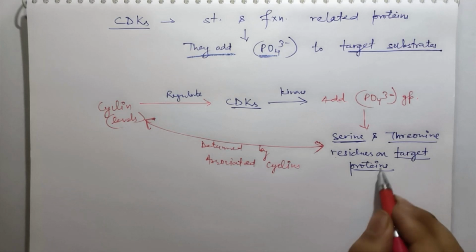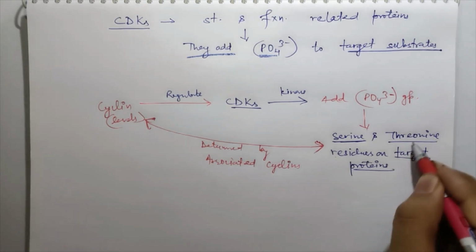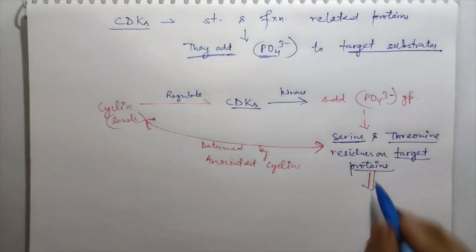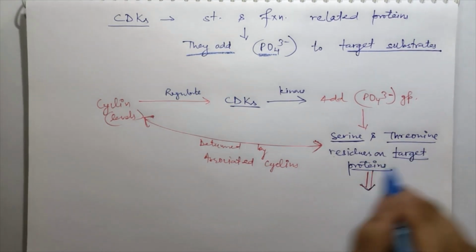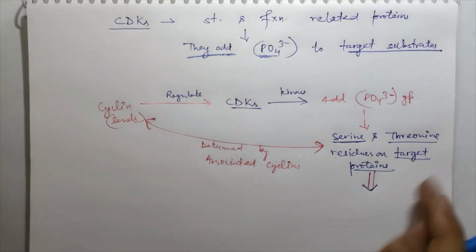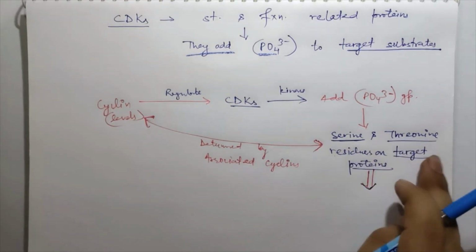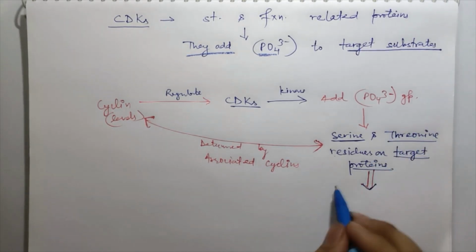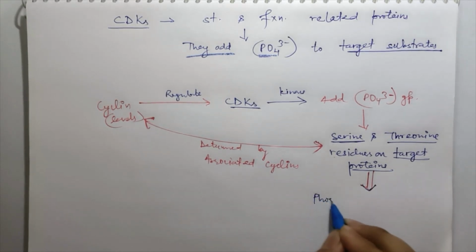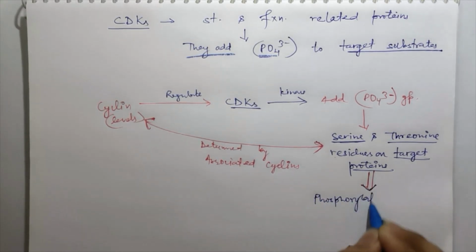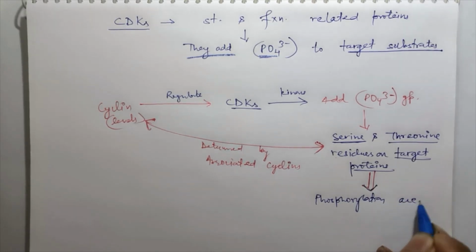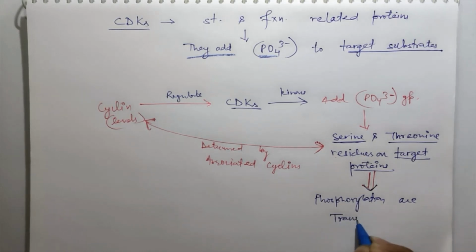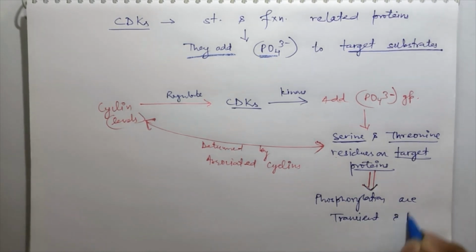And here this phosphorylation is not permanent. It means if CDK has added a phosphate group to the target protein, it is not supposed to remain the same, as phosphorylation is transient and reversible.